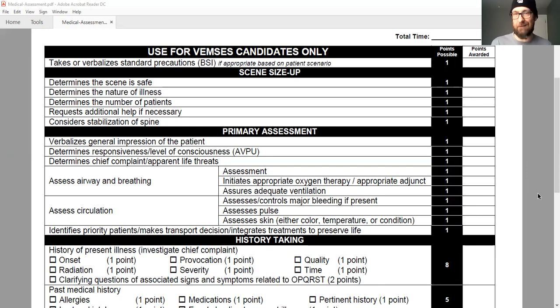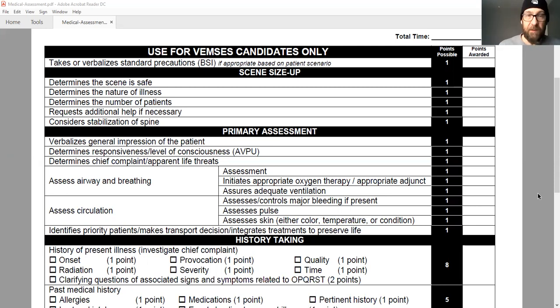They're basically telling you something's going on, just go there and figure it out. Obviously, that's really vague. Other times it can be very specific: you have a 65-year-old male having chest pain, he has cardiac history and everything else. So sometimes you might get a lot of information there.